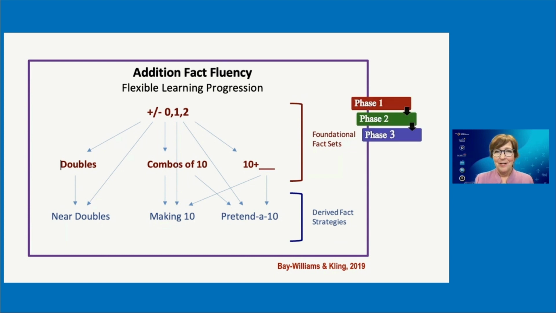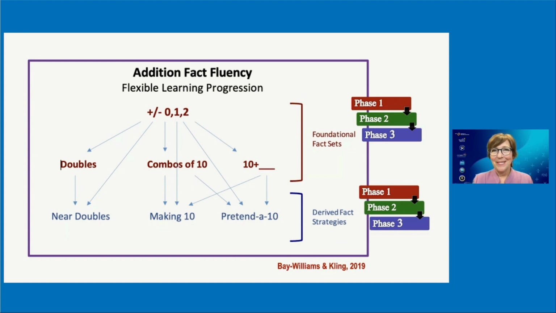I'd like to map this to Baroody's 3 phases: you really need to be automatic with these fact sets before moving into the strategy instruction. And this just makes sense. You cannot implement a use 10 strategy if you don't know 10 and some more.